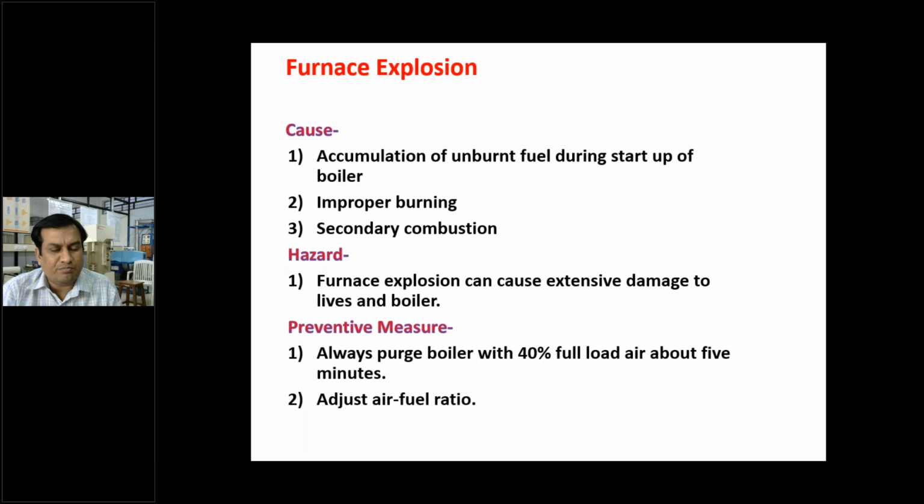But if incomplete combustion occurs due to some reasons, then unburned fuel is going to accumulate. So accumulation of this unburned fuel during startup of the boiler may be one of the causes. Then improper burning.